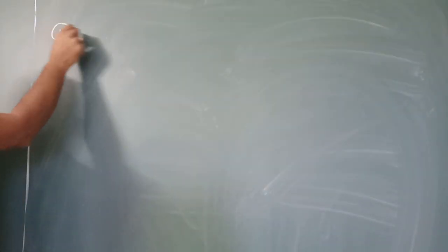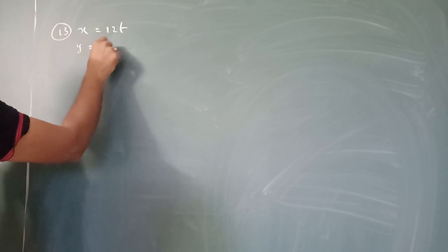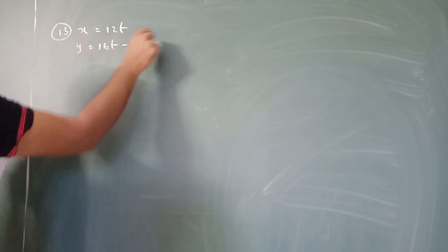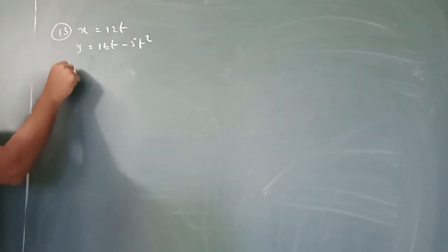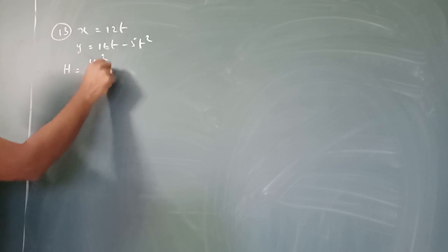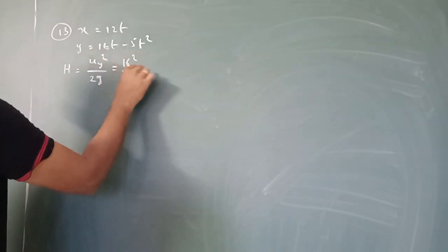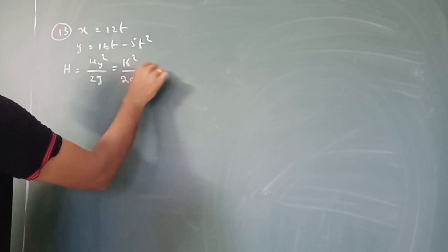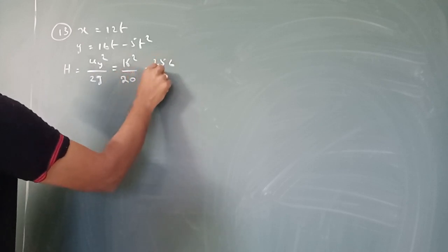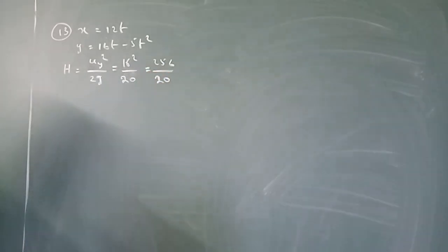Next, 13. The horizontal and vertical displacements are x is equal to 12t and y is equal to 16t minus 5t square. Now what is the maximum height? H max is equal to uy square by 2g, that is u square sin square theta by 2g. Uy is 16, 16 square is 256 by 20, which means 12.8 meters.